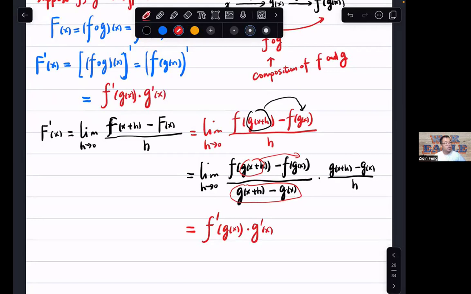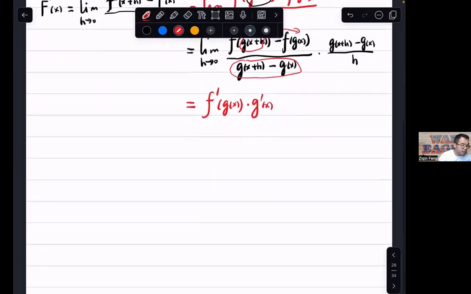This is our chain rule. If you have two differentiable functions, their composition is also differentiable. The derivative is the derivative of the first function, plugged into the second function, times the derivative of the second function.